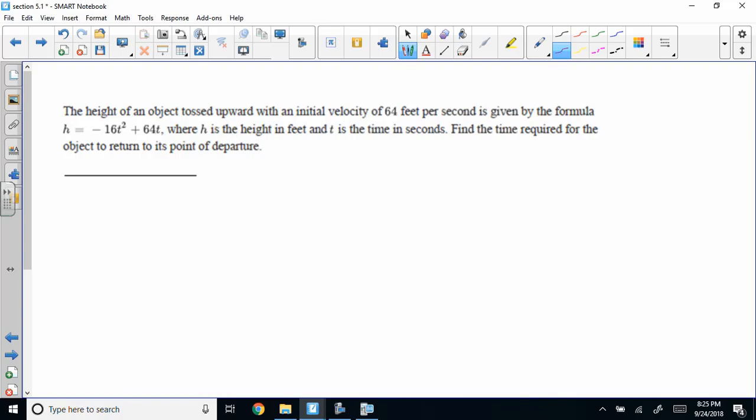Do you know that a sniper does trig in his head in a matter of seconds? I couldn't hit the broadside of a barn. Couldn't see it.